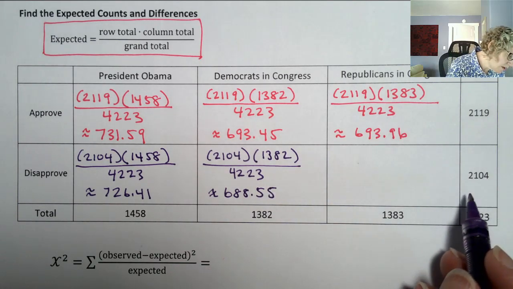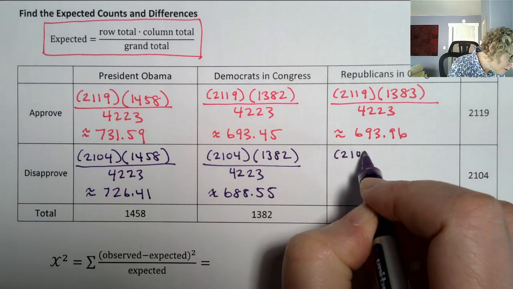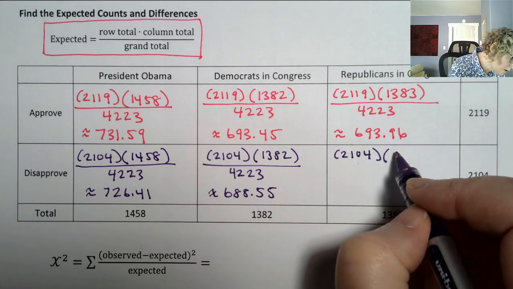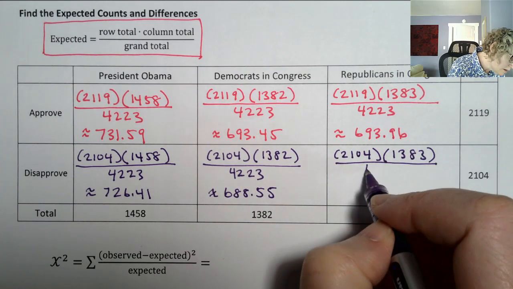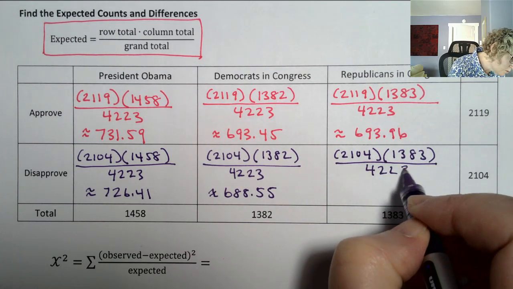And last one is 2104 times 1383 for 4223.